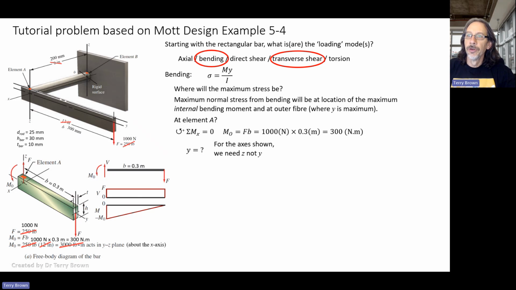For the axes that we've shown, for the bending equation, we actually need Z here, not Y. An alternate form of this equation is Mz over I, or it could be Mx over I, depending on the coordinate system and the axes that you're making use of.